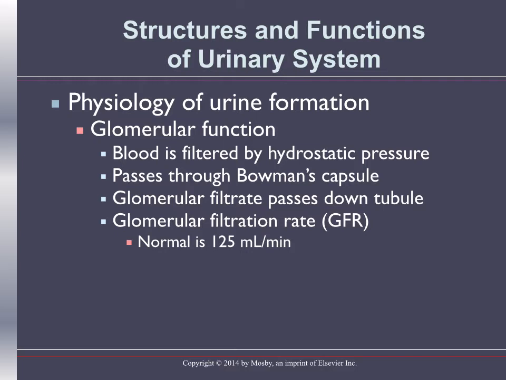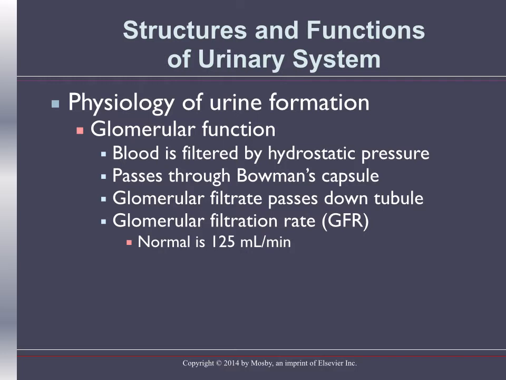Now, within the glomerular capillaries there is a hydrostatic pressure, and it causes a portion of the blood to be filtered across the semi-permeable membrane into Bowman's capsule, where the filtered portion of the blood, which now becomes the glomerular filtrate, begins to pass down to the tubule.